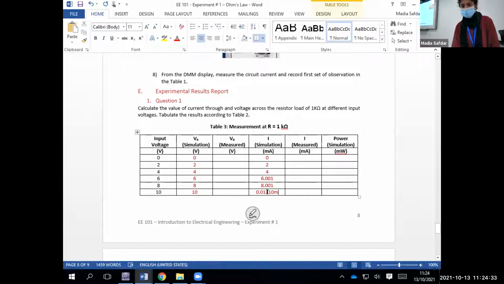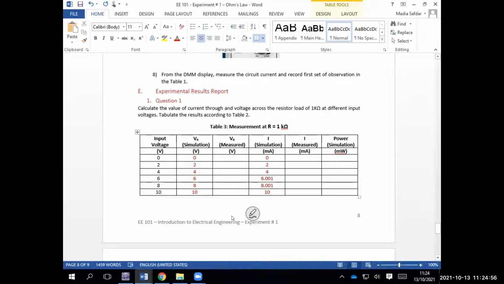Because I have all the values in milliampere, if I put it in ampere my graph will be distorted. So I want all the values in milliampere. I got 0.01 ampere here, so I shift the decimal and make it milliampere. So this is 10 milliampere.